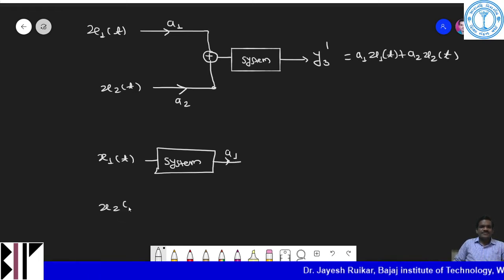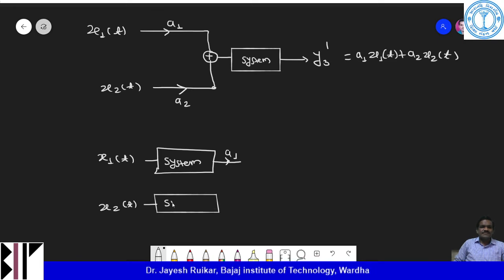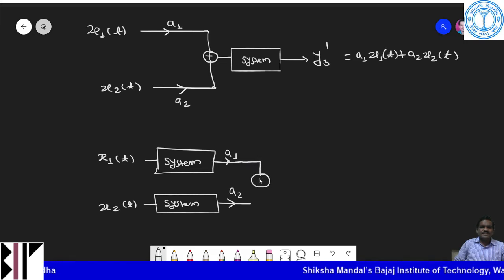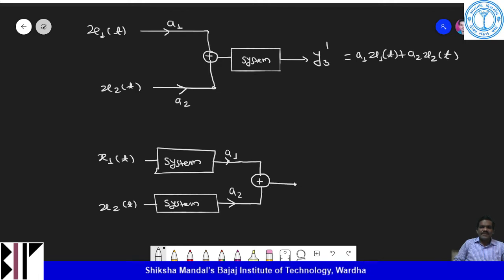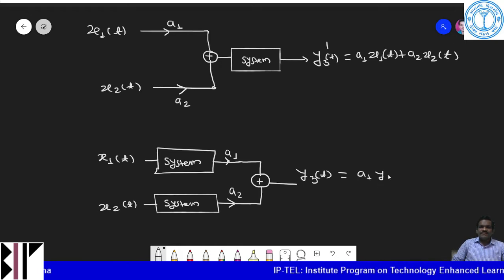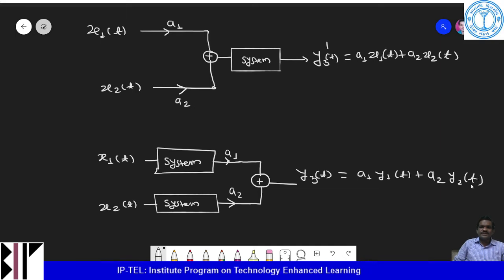Then this is my x2 of t, which is again passed through another system, and then it is multiplied by a2. Later, if we sum these up and calculate the response, that response is your y3 of t, which is equal to a1 y1 of t plus a2 y2 of t.